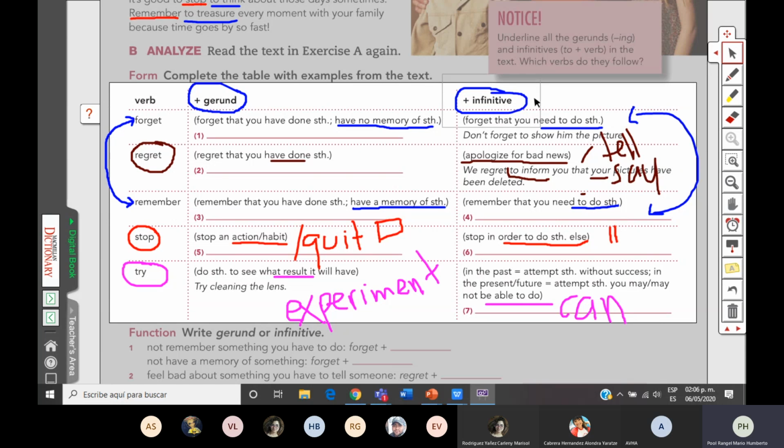Forget to do, se me olvidó hacerlo. Remember to do, acuérdate que lo tienes que hacer. Entonces, cuando son cuestiones de memoria, de acordarnos de algo que ya nos pasó, es con ing, ya sea recordar u olvidar. Y cuando es en infinitivo, es recordar u olvidar de algo que se tiene que hacer.